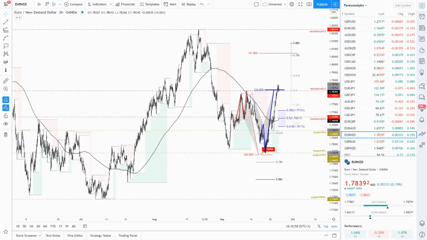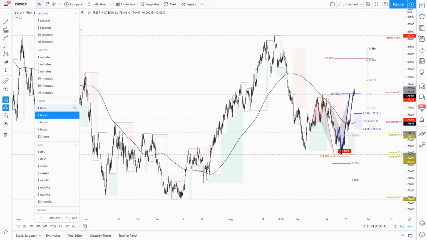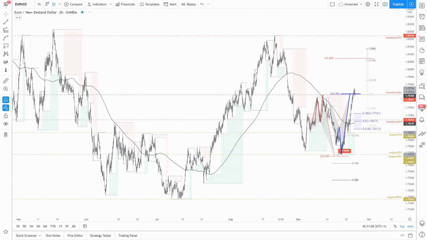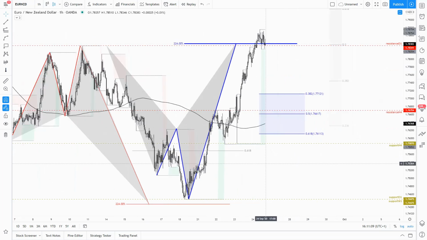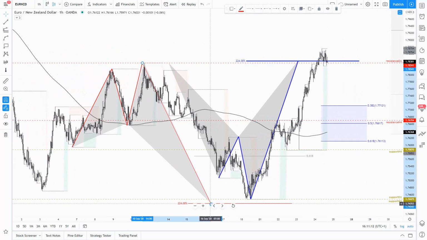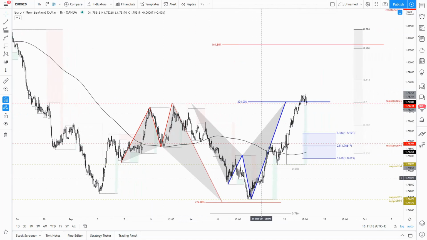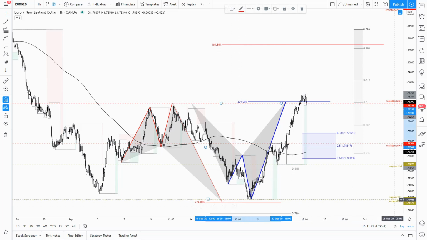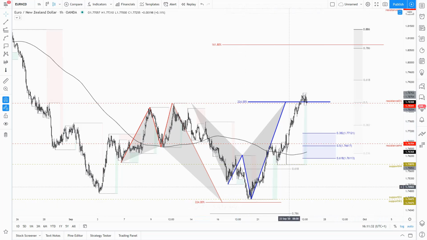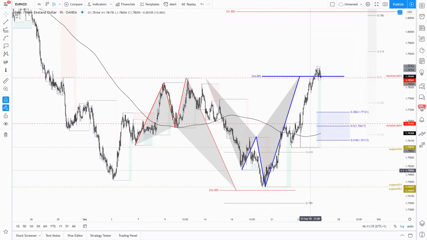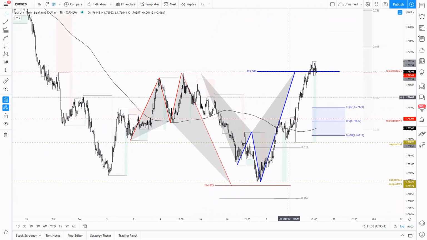Euro versus the New Zealand, another one with a very nice bounce from that daily and weekly fractal. Let me show you this on a 1 hour time frame. I was expecting the formation of that shark pattern at 224% fib. All the market variables and the Fibonacci criteria presented suggested the completion of the pattern at those Fibonacci levels. But as you can see, the market has formed a new fractal just a few points above the 224% Fibonacci extension, the completion point, as expected.